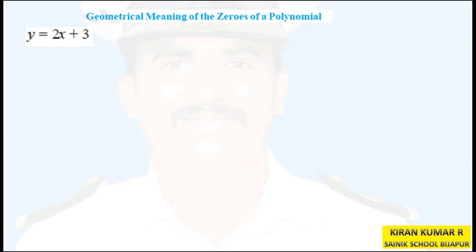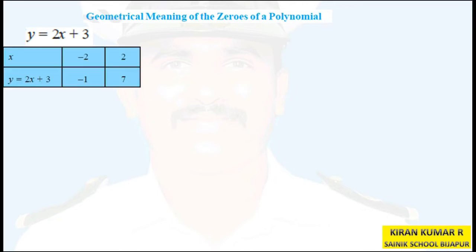To get exactly the geometrical meaning, I require to plot the graph of this equation y is equal to 2x plus 3. For that, we require the value of x and y. If the value of x is minus 2, the value of y is minus 1. If the value of x is 2, the value of y is 7.